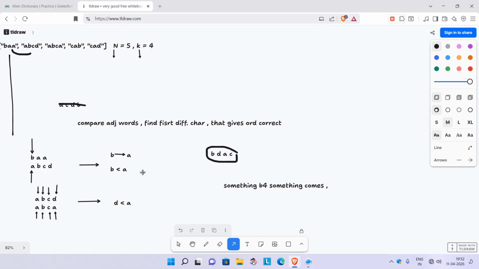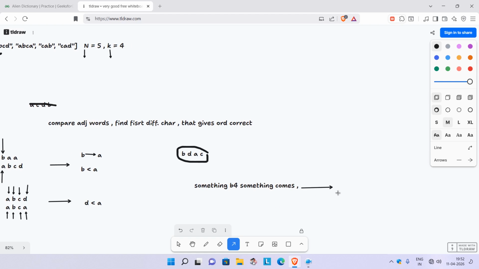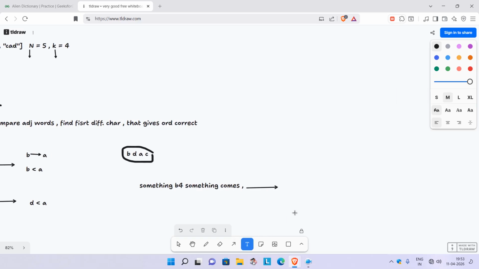After writing all the relations, all the edges between all the characters, we can summarize the required ordering. So this is nothing but topo sort, because we have to find something before something.